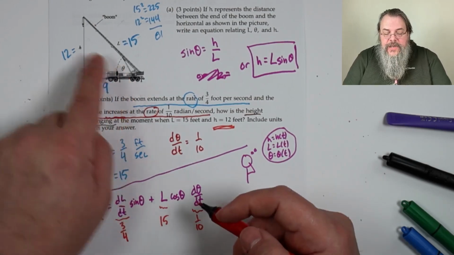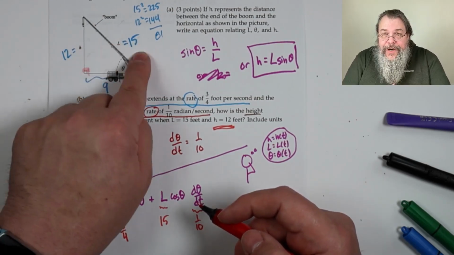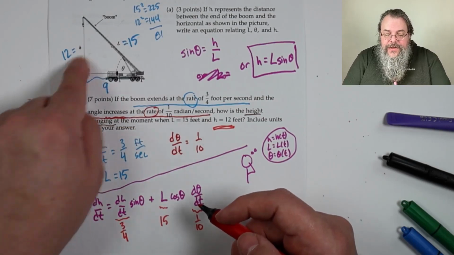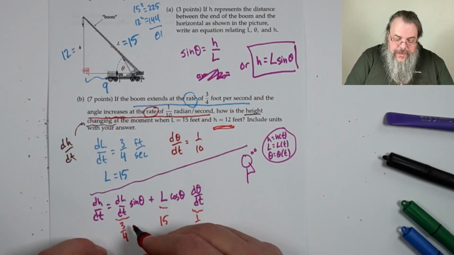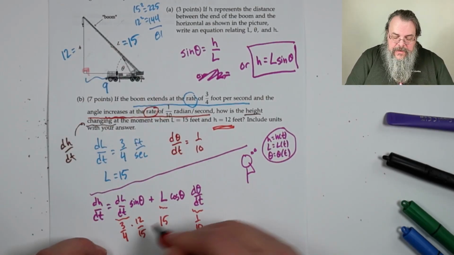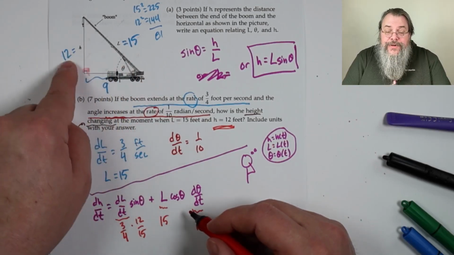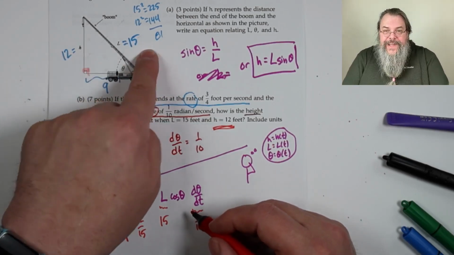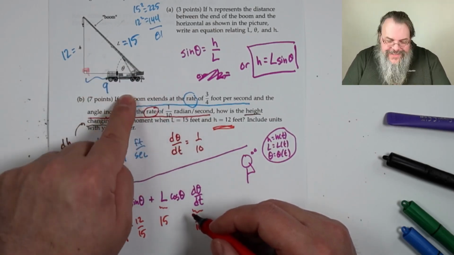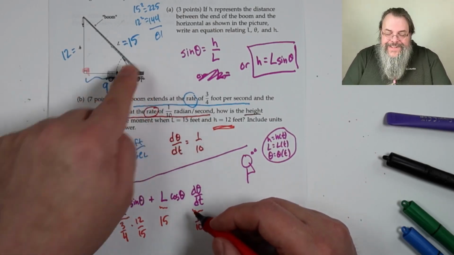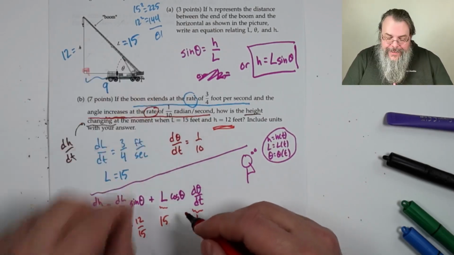Sine theta is opposite over hypotenuse, 12 over 15. Cosine theta is adjacent over hypotenuse, 9 over 15.